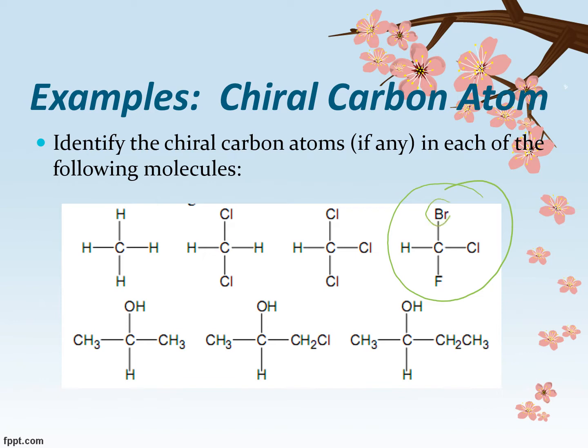Okay, it has 1, 2, 3, and 4 different groups attached to the carbon. And I can give you one example which is not a chiral carbon, which is this one here. Okay, because all of the sites here are similar. Okay, hydrogen.